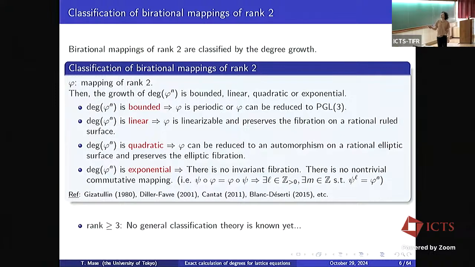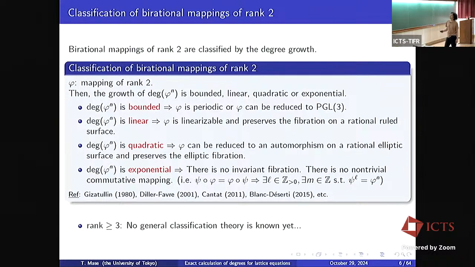If phi is a birational mapping of rank 2, then there are only 4 possibilities for degree growth: bounded, linear, quadratic, or exponential. The first 3 cases are integrable cases, and this is non-integrable. There are a lot of things known. If the degree is bounded, then phi is almost trivial. If the degree growth is linear, then the equation is linearizable via a rational transformation.